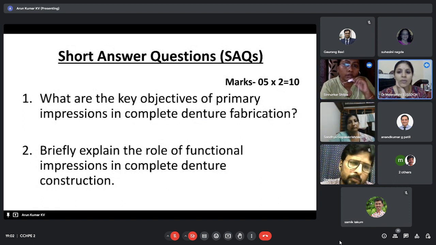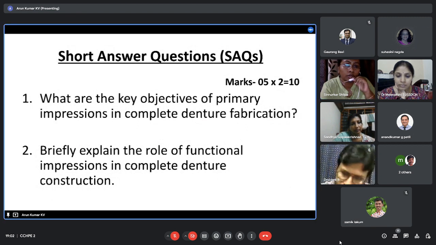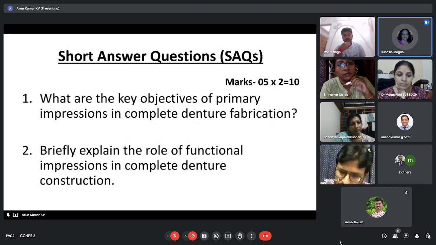Then how will you justify 5 marks, 1 mark for each point? No, it all depends on whom we are evaluating. We are evaluating the PTS student. I can understand that 5 points will have 5 marks, but that will differ from examiner to examiner, student to student.